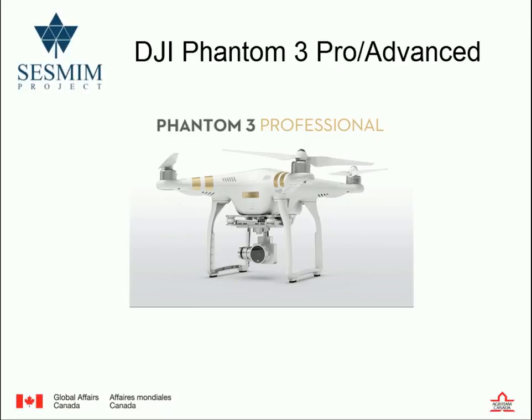For aerial mapping, they have the same focal length and the same 12 megapixel image, 4,000 by 3,000 pixels. For our aerial mapping exercise, the Advanced gives you the same pictures as the Pro. The Advanced is cheaper than the Pro, and both are cheaper than the Phantom 4.